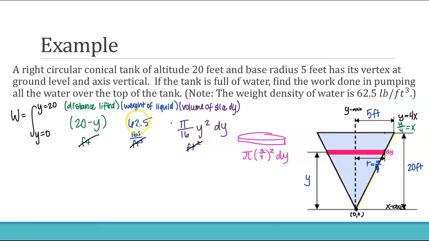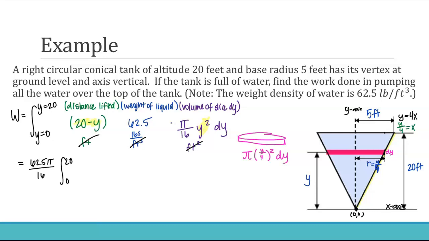Now this time, the only thing we can pull to the front is 62.5 pi over 16. So that's the coefficient, but y squared is a variable. I cannot pull that out. So in terms of actually integrating this, I can take out the 62.5 pi over 16, and then the integral from 0 to 20, and then the y squared times 20 minus y.